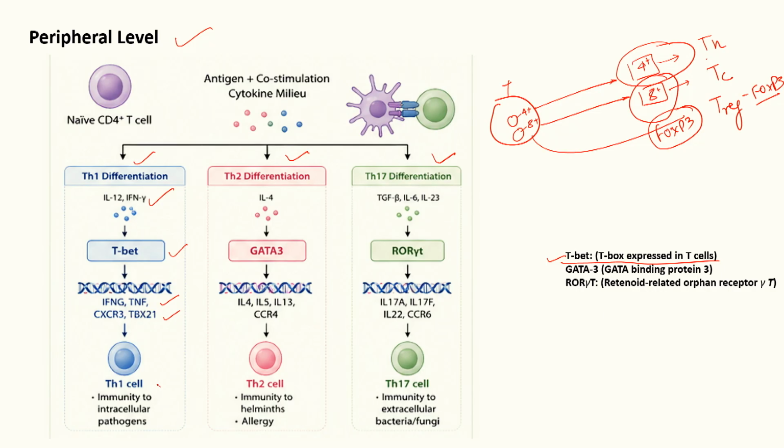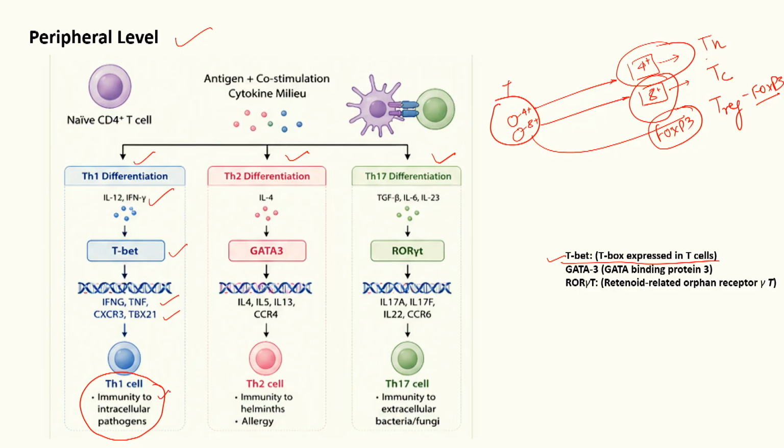So these are actually differentiating the Th1 cell type, which is responsible for intracellular pathogen killing, such as viruses or some of the intracellular parasites such as Mycobacterium tuberculosis or Listeria monocytogenes. So we will discuss this when we talk about the pathogens which are intracellular in nature. Intracellular stands for inside the cell.